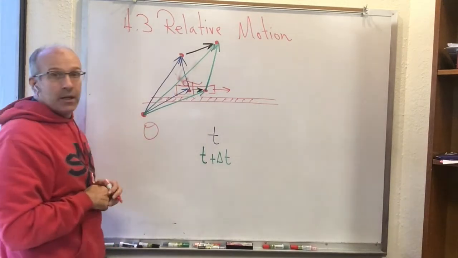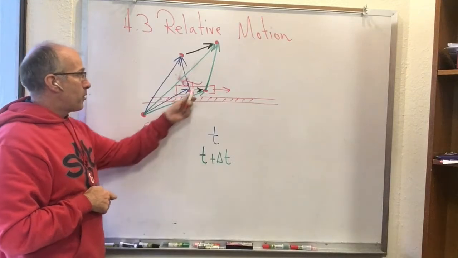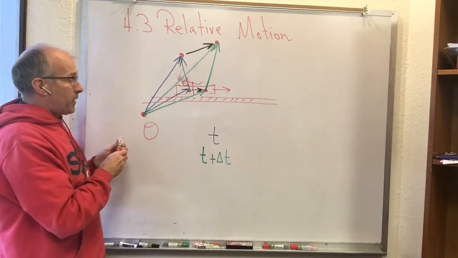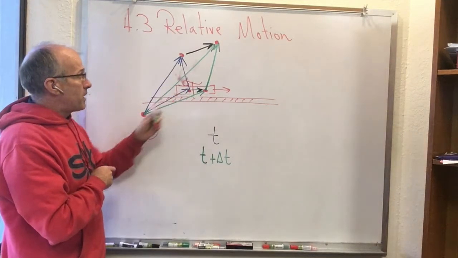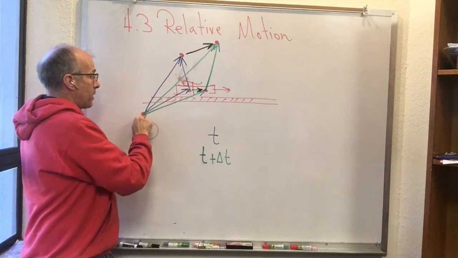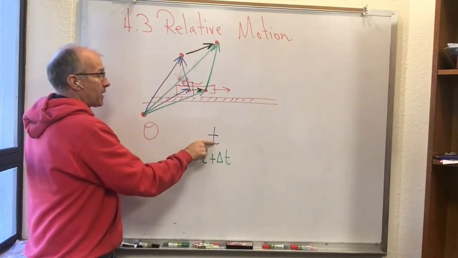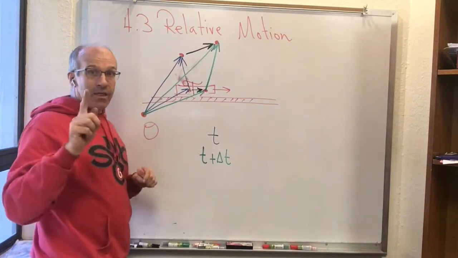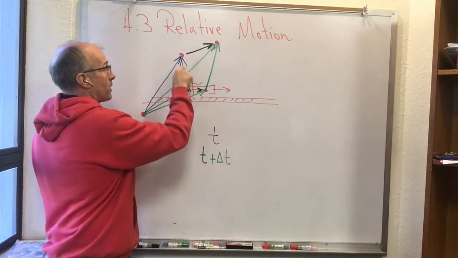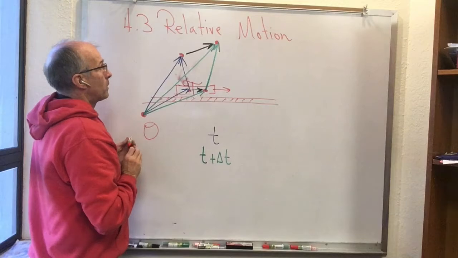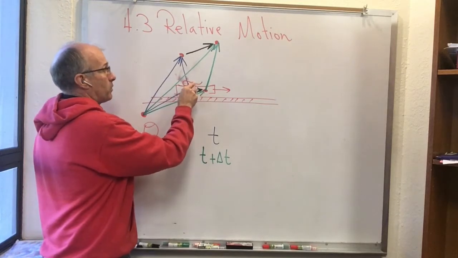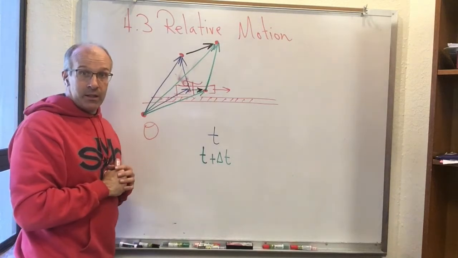That observer is observer T. Your observer O, that observer is observer T. So one more blue vector, because it happened at time t that I've drawn, is where the observer T was according to you at time t. And then one more blue vector. This blue vector here is where the plane was according to observer T.